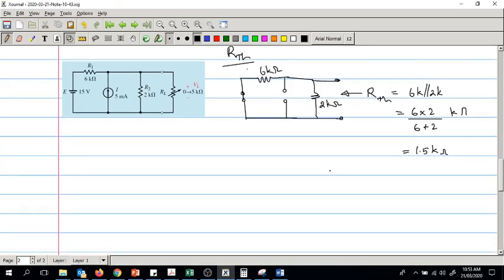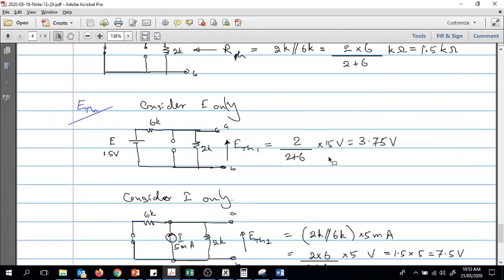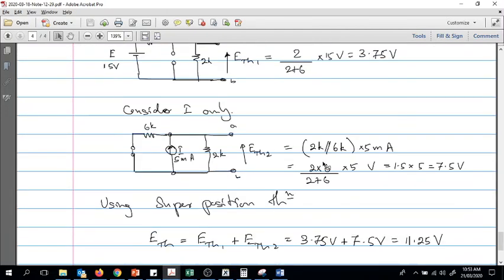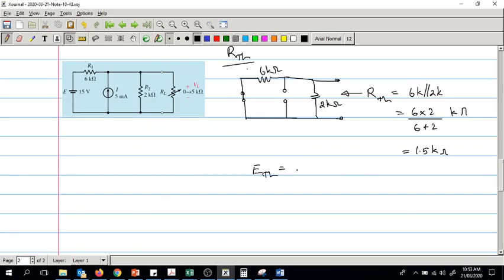So using the previous example, we can say ETH is equal to, what was ETH? ETH is this, and ETH became 11.25, right? 11.25 volts.